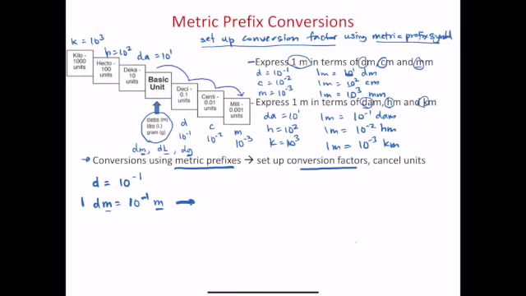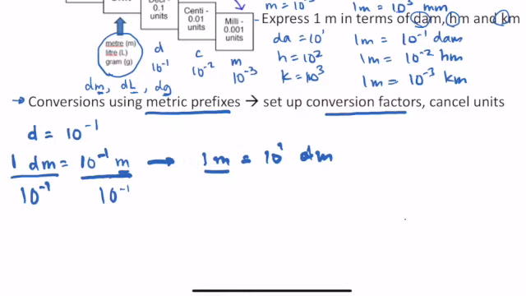You might have been puzzled, how did I get to 1 meter equals 10 to the 1 decimeters? Here's how that worked: if I want to figure out what 1 meter is, I need to divide both sides by 10 to the minus 1. The 10 to the minus 1 will cancel out top and bottom, and I'll be left with 1 meter on this side.